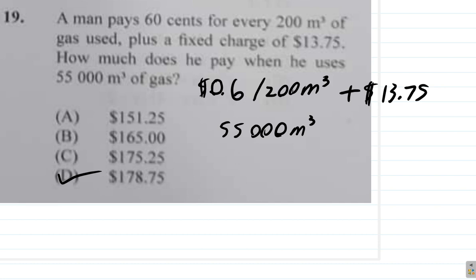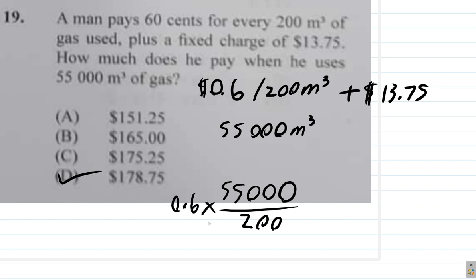How many $0.6 will he have to spend? You want to know how many 200 meter cubes are in 55,000 meter cube. That will give you how many $0.6 that he will spend. Plus he will have to pay $13.75. That's another way of reasoning out how we get this value.